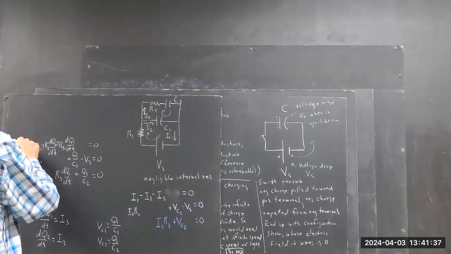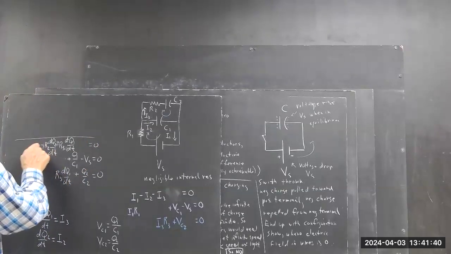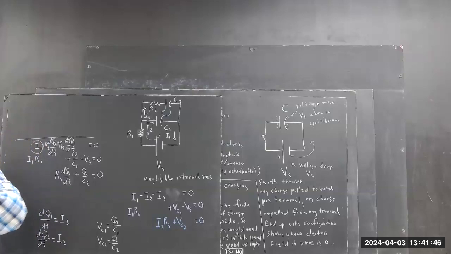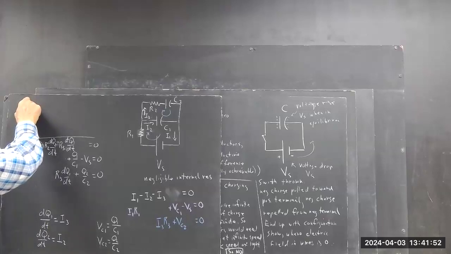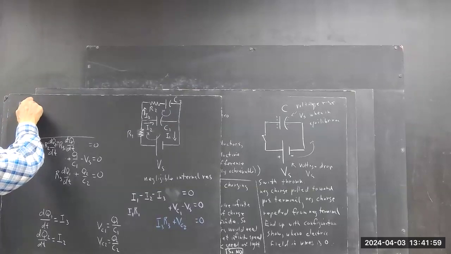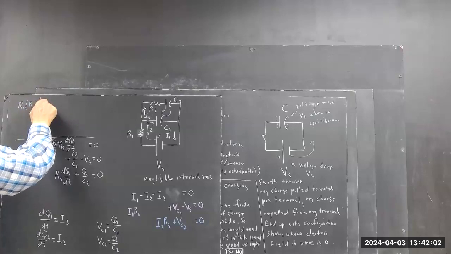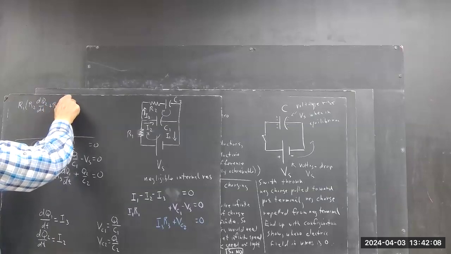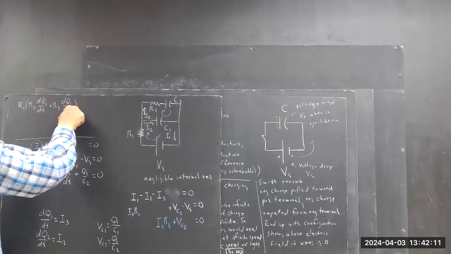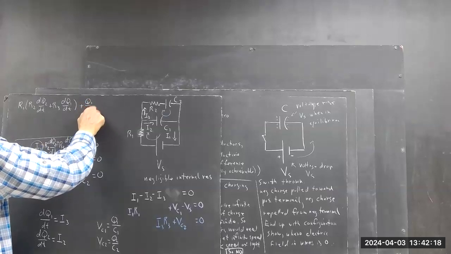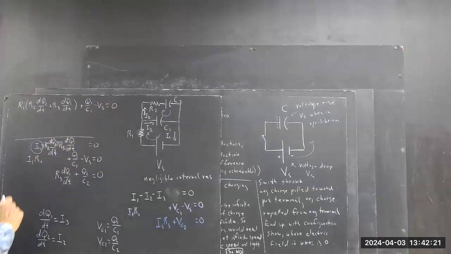Okay, so we can replace I1, which is equal to the sum of these, and we get R1 times (R2 dQ2/dt plus R3 dQ1/dt) plus Q1 over C1 minus the source equals 0.